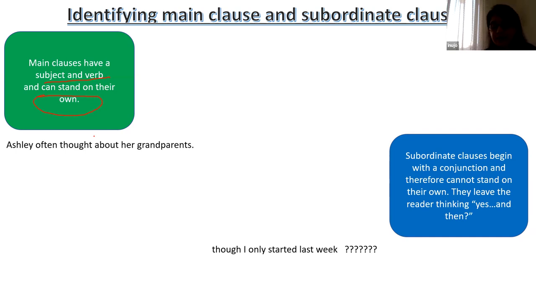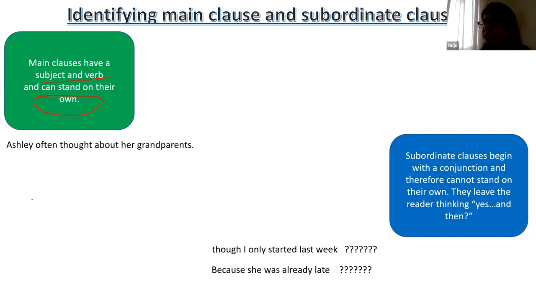Okay. So, though I started last week, I could complete my homework only today. Then the sentence gets complete. Right? So let's take one more example. I don't know if you can see this, children. There's one more example that has come up. I'm not able to see it on the screen. Never mind.